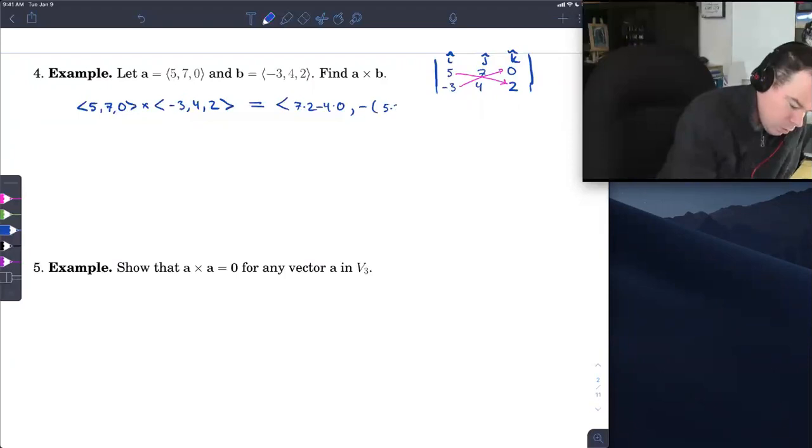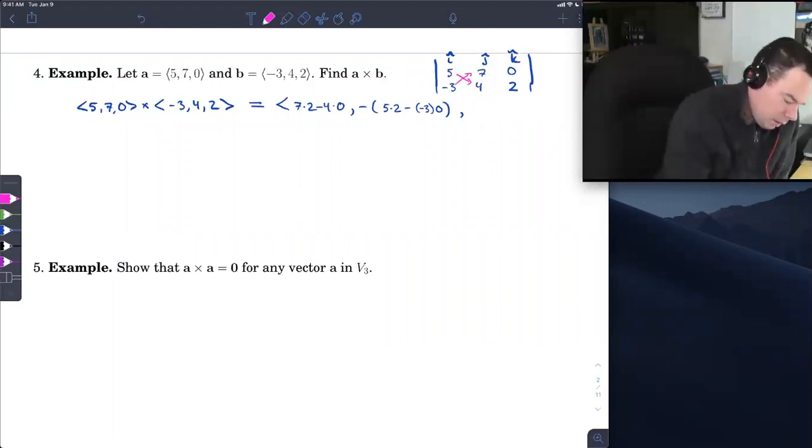So it's 5 times 2 minus -3 times 0. And then the last product is 5 times 4 minus -3 times 7.